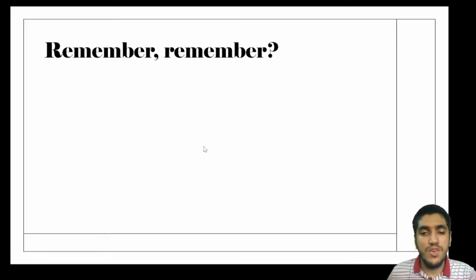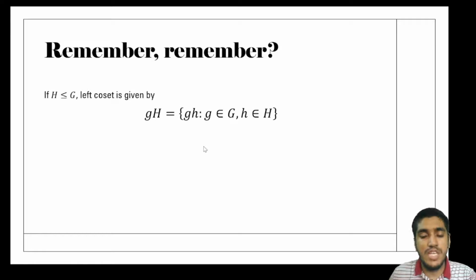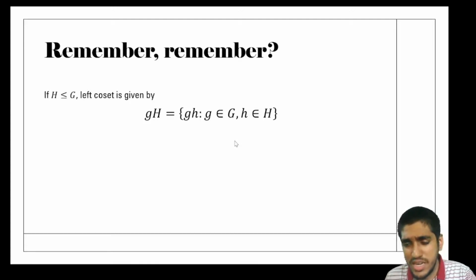Interesting. Let's see if you remember these basic concepts. For a subgroup H of G, left coset is given by gH is equal to the set gh for every g in G and h in H. That's because g is multiplied to the left of H. Does it matter which side?